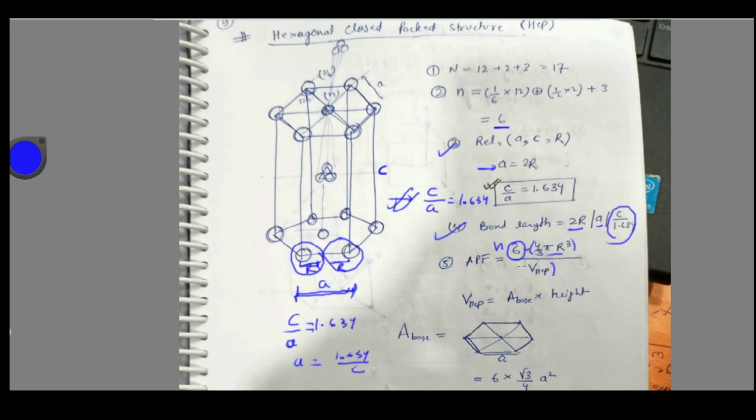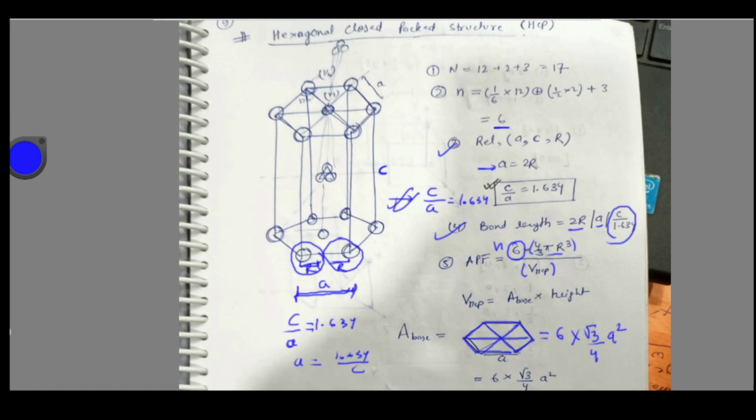And the volume of HCP: how to calculate it? If you calculate the base area and multiply it with the height, we can get the volume of HCP. So I draw one base of the HCP structure. It is hexagonal, and now we'll divide it into 6 equal triangles. The number of triangles is 6, and the area of one triangle is root 3 by 4 into a square.